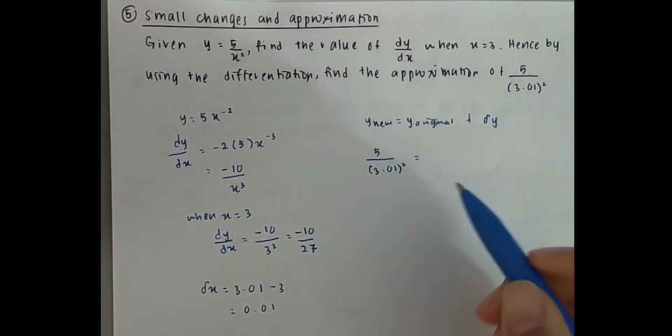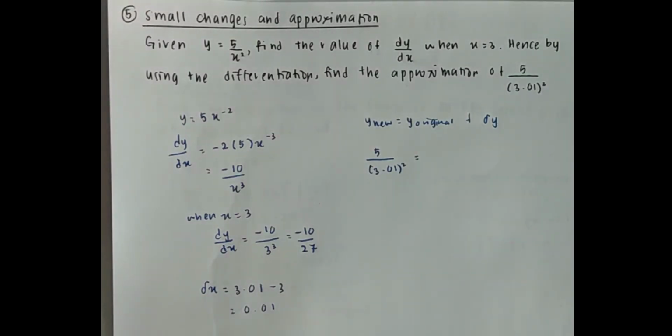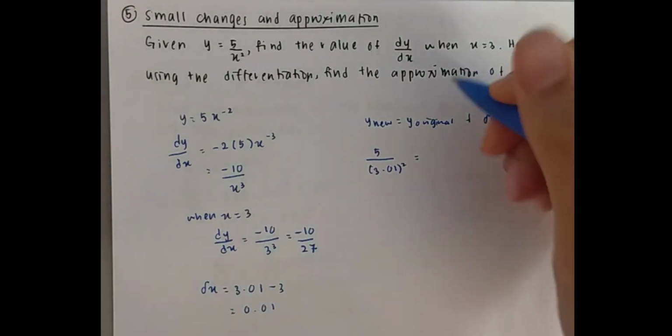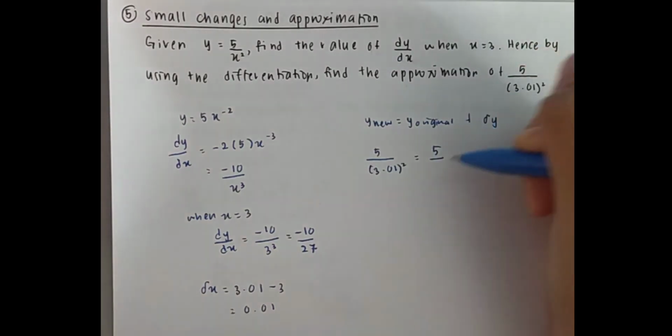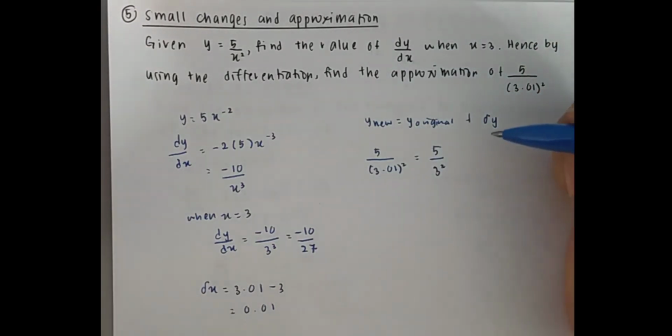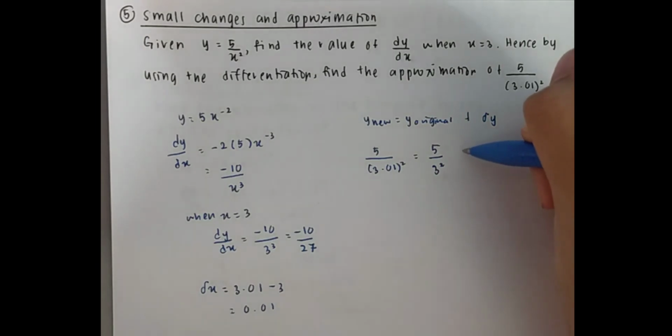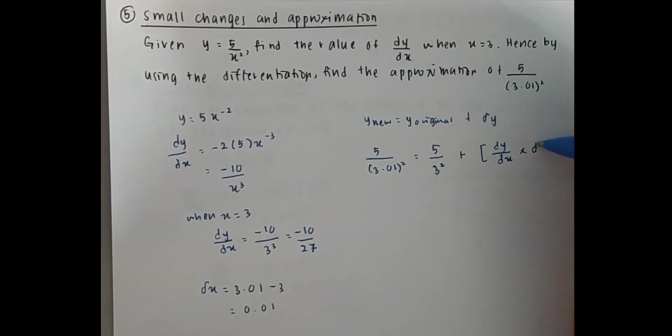For y original, we just insert 5 over 3 squared, and delta y is plus dy over dx times delta x.